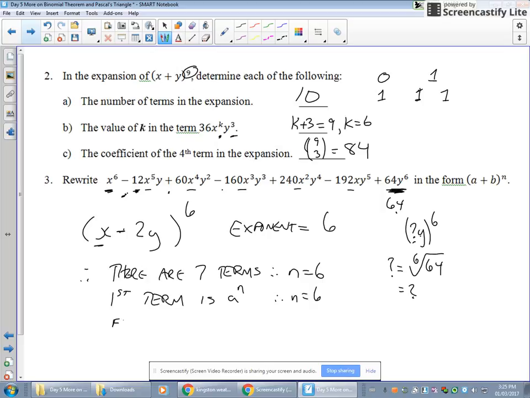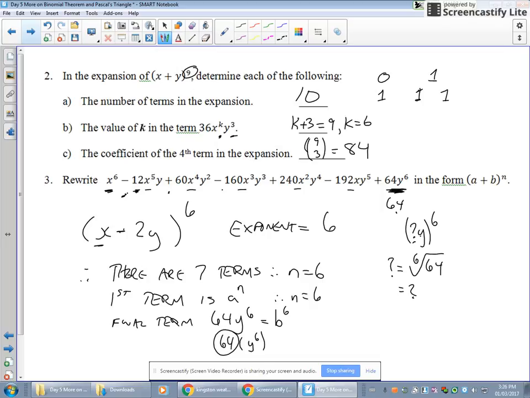Final term. In this case, we're told it's 64y to the 6. And we know that that's got to be equal to b to the 6. So this allows us to solve what b is. Because 64y, that's 64 multiplied by y to the 6. So we've got to figure out what this value here is.